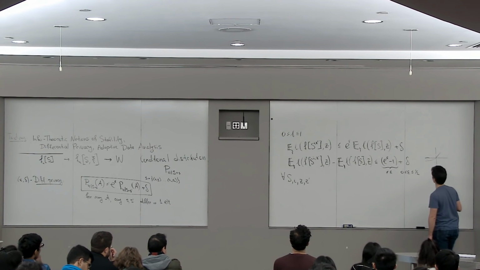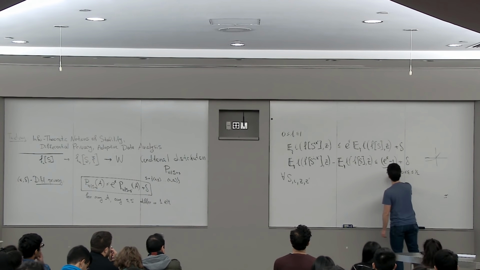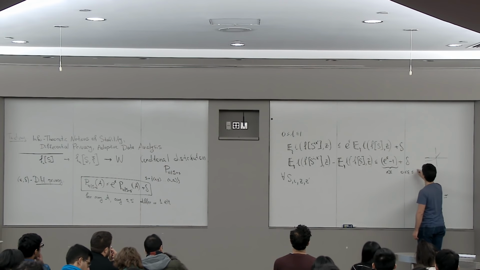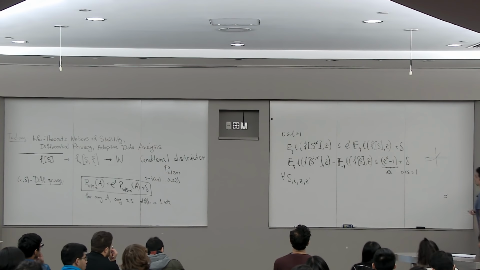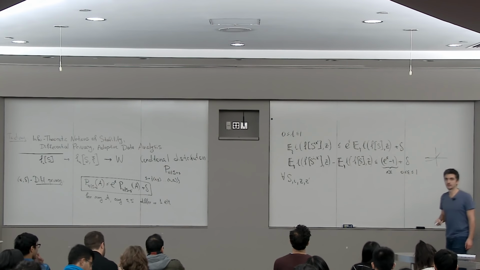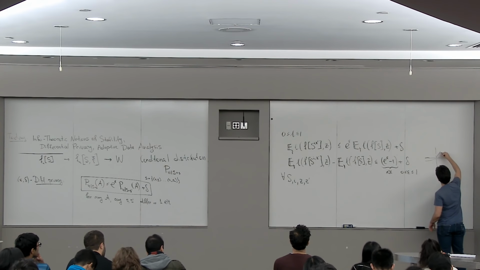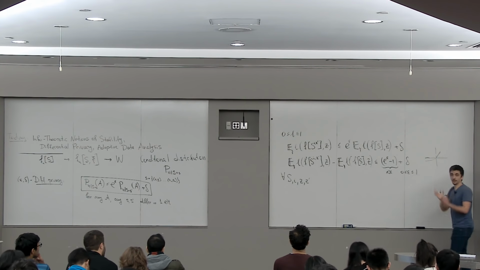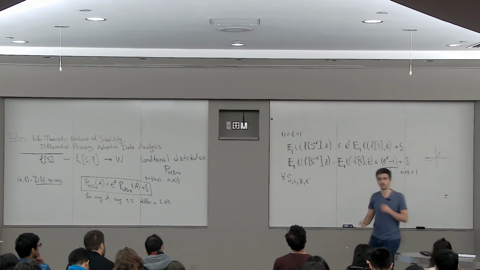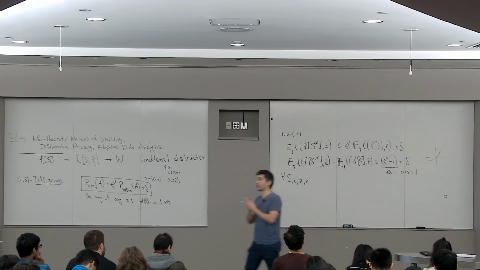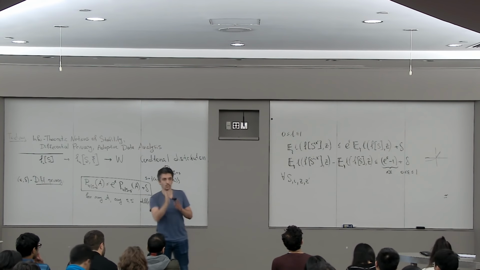Oh yeah, you're right. So let's do 2 epsilon, and let's make it up to 1. Then this goes at slope 2, and the exponential goes at slope 1.